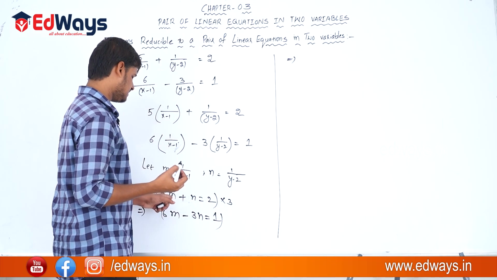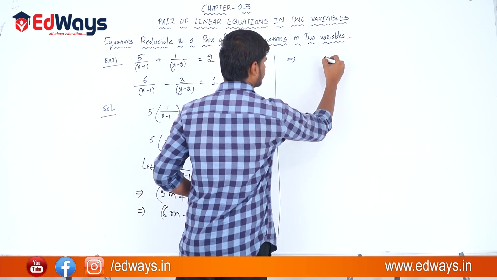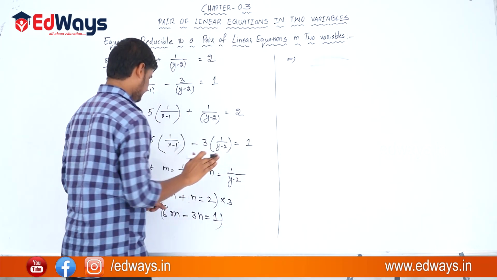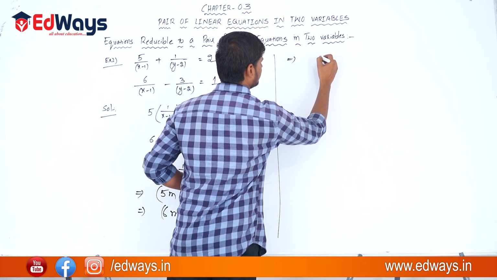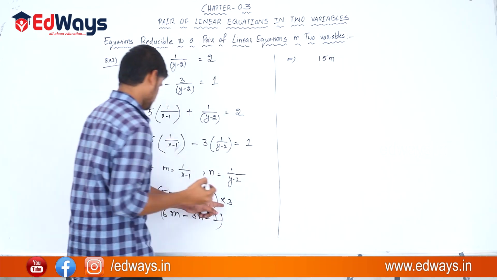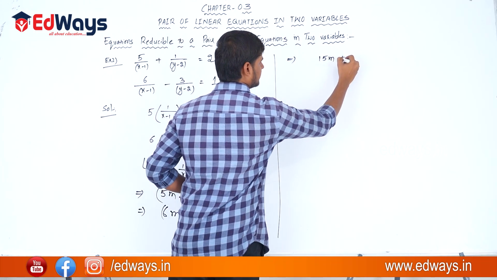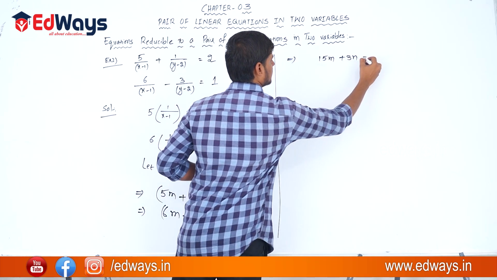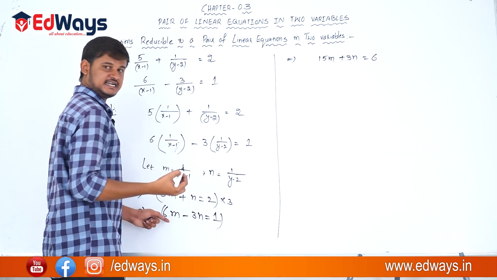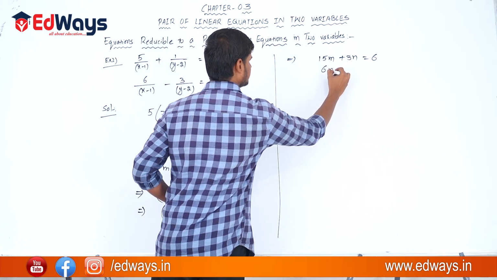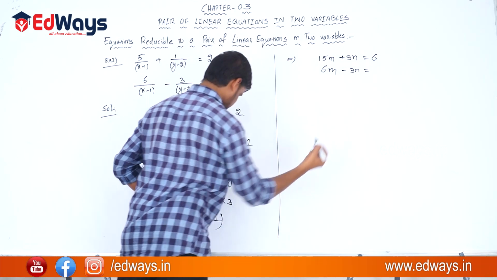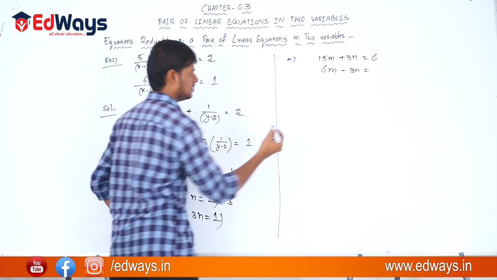The first equation will become 5 into 3m, that is 15m, plus 3n is equal to 3 into 2, 6. And the second equation, let's write as it is. So that is 6m minus 3n is equal to 1, right?